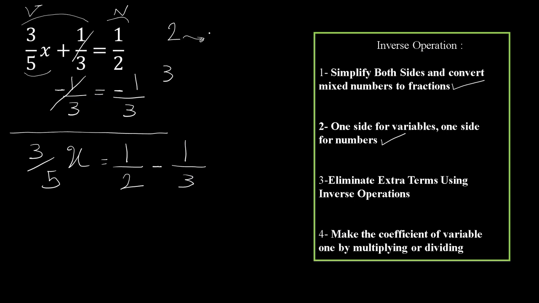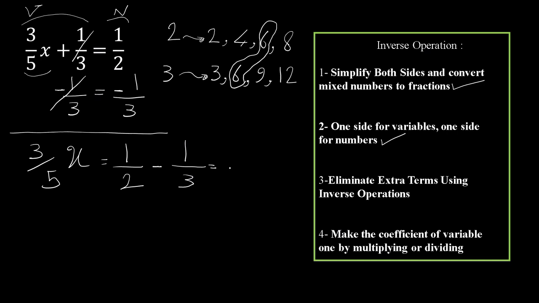It's really easy. 2 times 1 is going to be 2. 2 times 2 is going to be 4. 2 times 3 is going to be 6. And 8. 3 times 1 is going to be 3. 3 times 2 is going to be 6. 3 times 3 is going to be 9. 3 times 4 is going to be 12. Now, if I check them, I will realize that 6 is the smallest common multiple between them. So the common denominator will be 6.